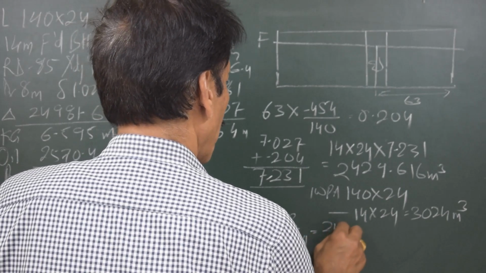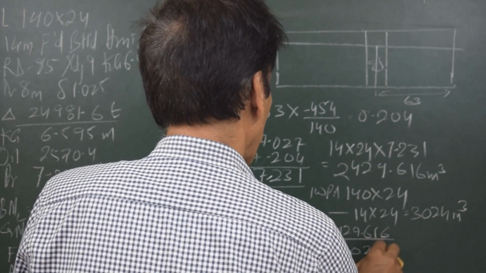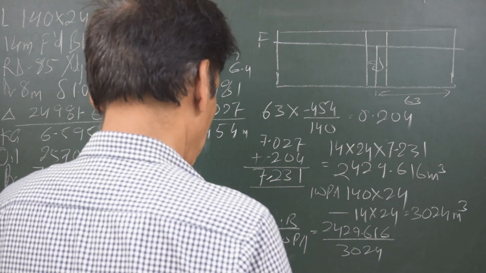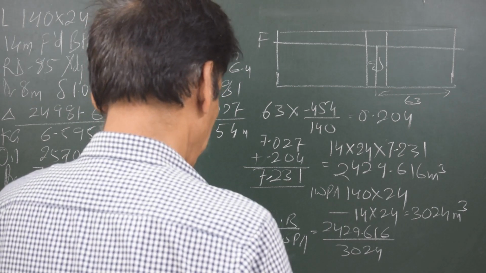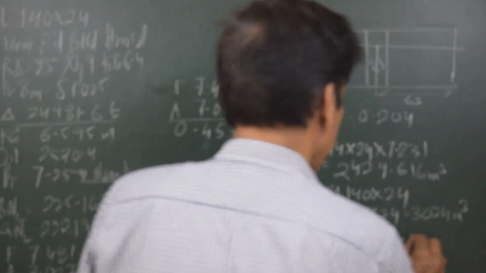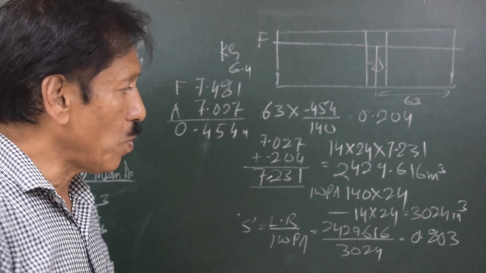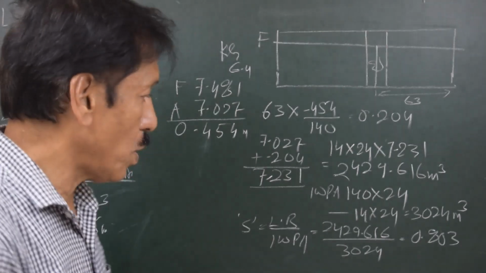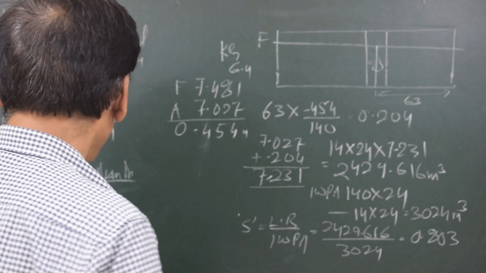So that is 2429.616 divided by 3024, which gives me 0.803. As you can see, there is some amount of approximation being done in the calculation, but we more or less get an idea of what happens to the ship. So here we've got the sinkage as 0.803.